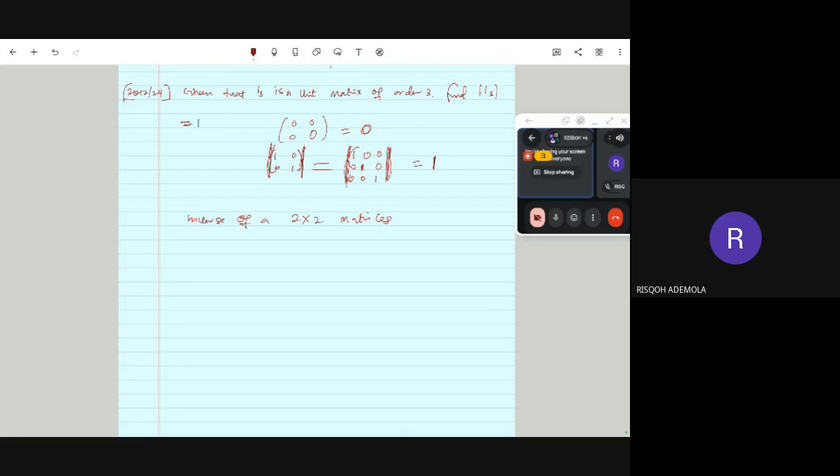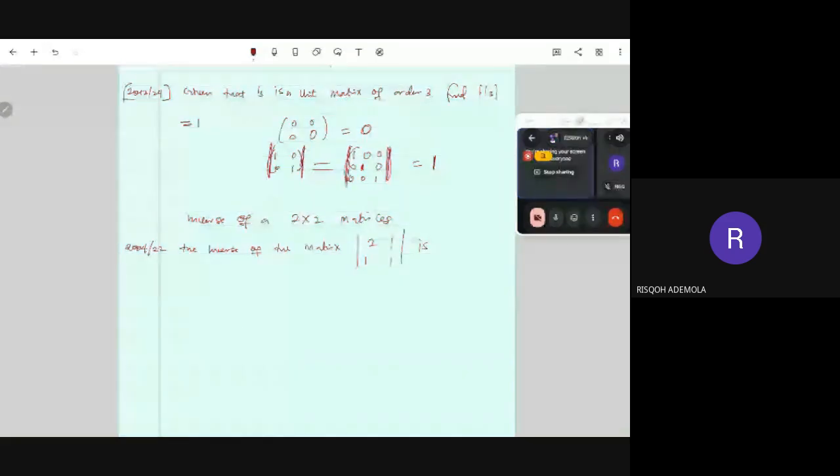So we're going to take the first question. It's 2004, question 22. So I'm going to use this to explain. The question says the inverse of the matrix 2, 1, 1, 1 is, so the inverse of a 2 by 2 matrix.